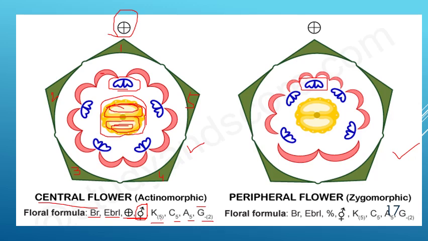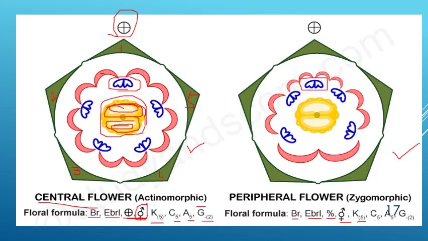Now similarly, in case of the peripheral flower, the flower is bracteate. It also possesses bracteoles. Then the symmetry is zygomorphic. Hermaphrodite, the number of calyx is 5, and they are fused together, or they are not free. This bracket indicates this.